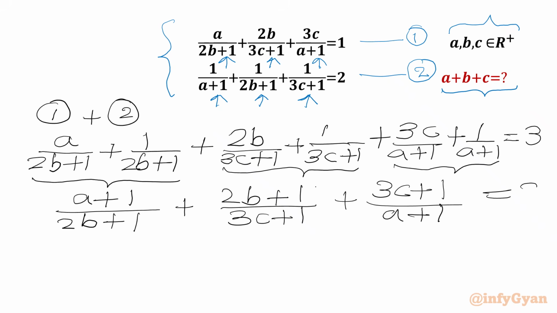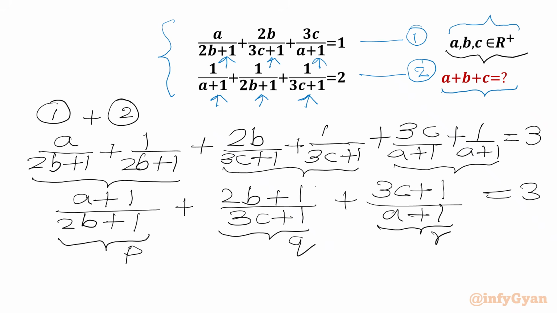This will be equal to 3. Now let us assume this is P, here we have Q, here we can write R. If a, b, c are positive real numbers, then P, Q, R must be positive real numbers. We can think about the AM greater than or equal to GM inequality.